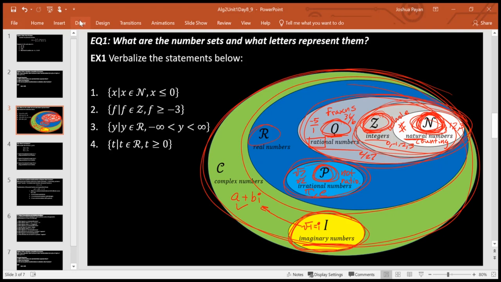let's go through this set notation and just get an idea. So now that we've briefly gone over what the number sets are, let's look at some of these. So this is what's called set notation.